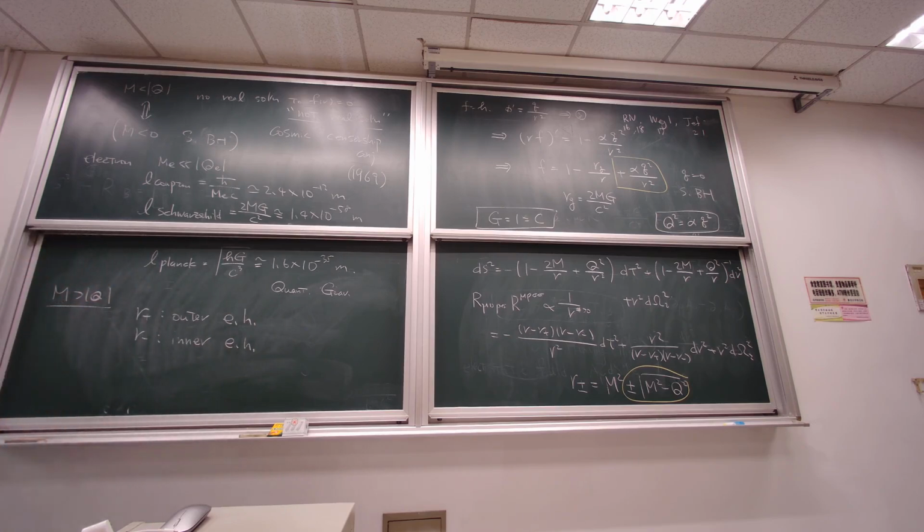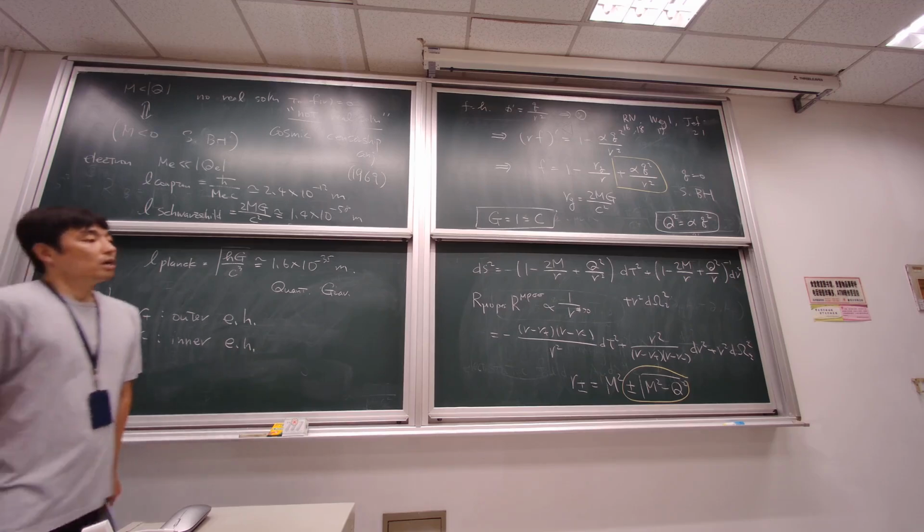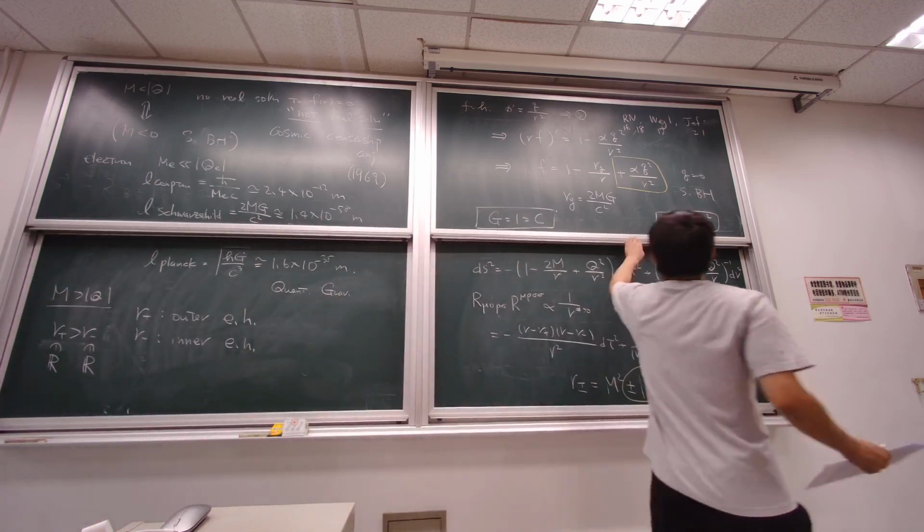So that's the outer and inner horizon, because they are real numbers, and of course, as you can easily see, r plus is greater than r minus, and they are all real solutions. Okay, so like this. Fine.